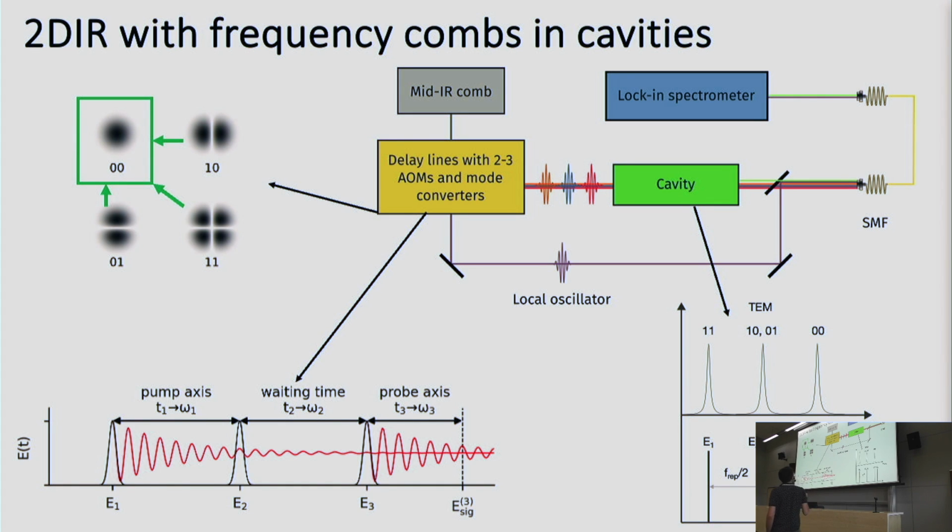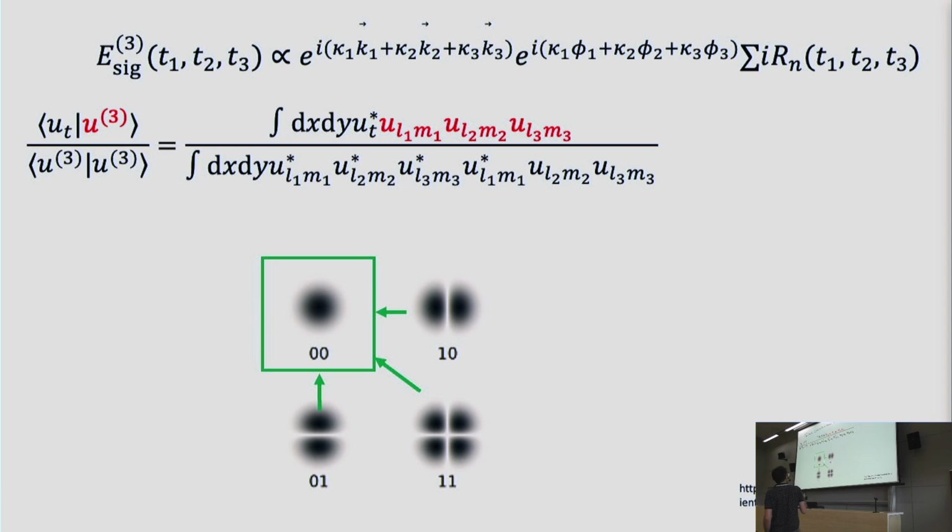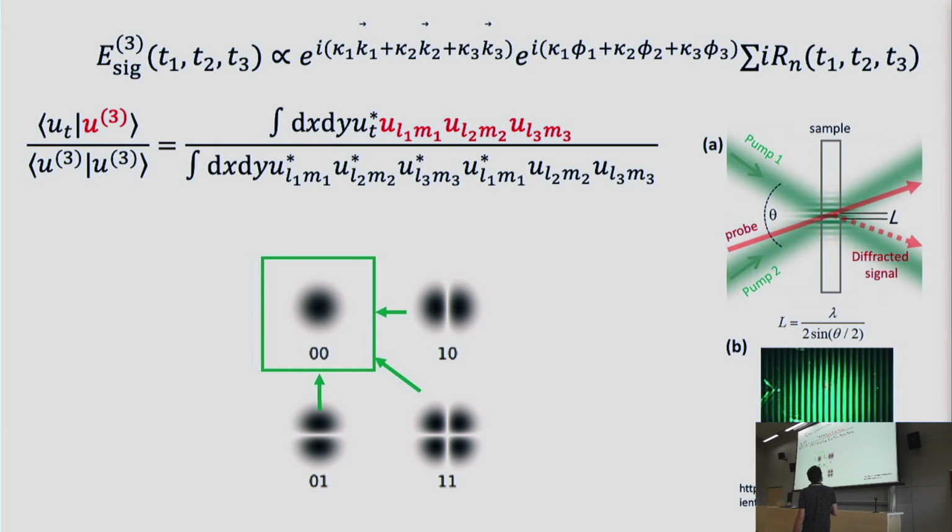And if you do this, then what you can see is that you not only look at time dependence, the interaction of 3 different pulses with matter will also create a spatial pattern of excitation. So essentially the third order macroscopic polarization of the sample will be described by the product of the transverse electric mode profiles. People have also been doing something similar before.